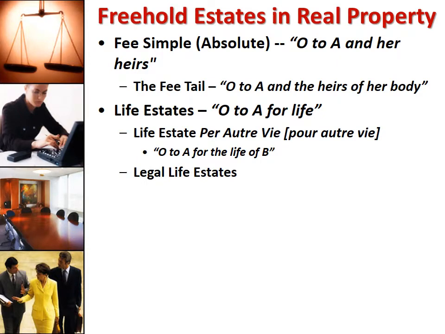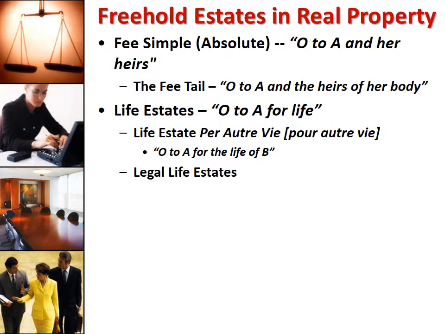Now, let's delve a little bit further into legal life estates. At the English common law, they were called such things as couverture, C-O-V-E-R-T-U-R-E. They were called courtesy, C-U-R-T-E-S-Y, and they were called dower, like dowry, D-O-W-E-R.